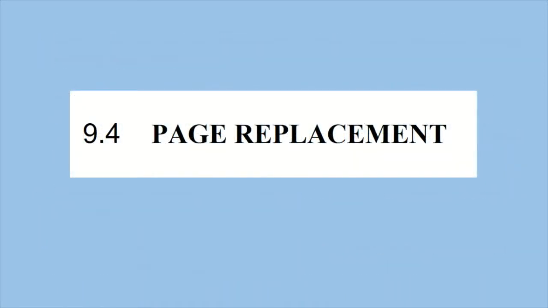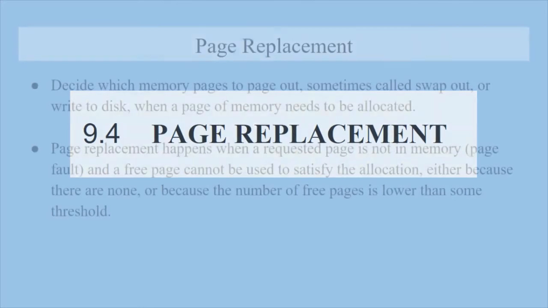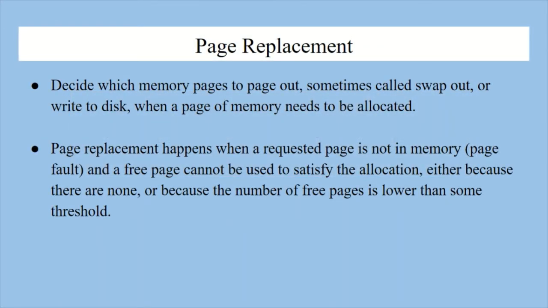So the next topic that we have is page replacement. Page replacement is about deciding which memory pages to page out, sometimes called swap out or write to disk, when a page of memory needs to be allocated. It also happens when our requested page is not in memory.